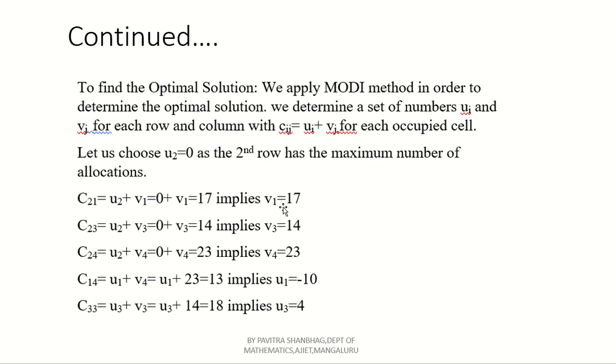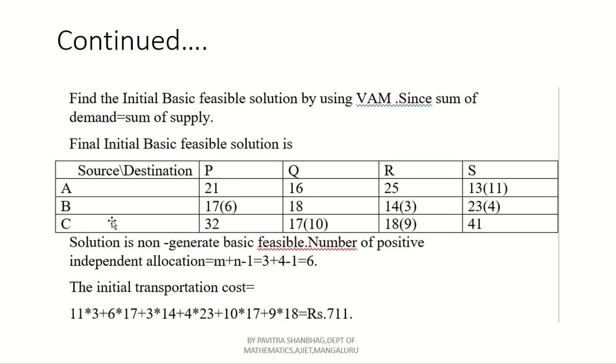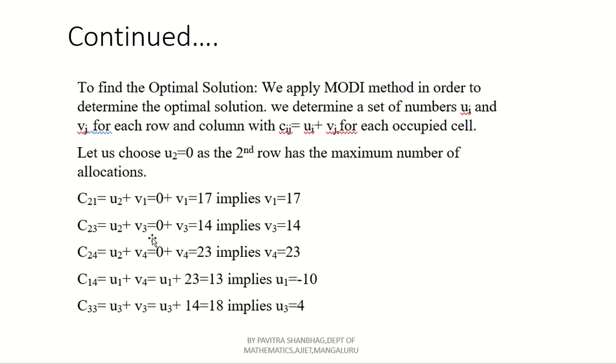See, similarly, what is C23? C23 is nothing but U2 plus V3, that is 0 plus V3 equal to what? C23, second row, third column, that is 14. Similarly, C24 is 23. Okay, like that you have to find. So U2 plus V3 equal to 0 plus V3 equal to 14. So V3 value is 14.